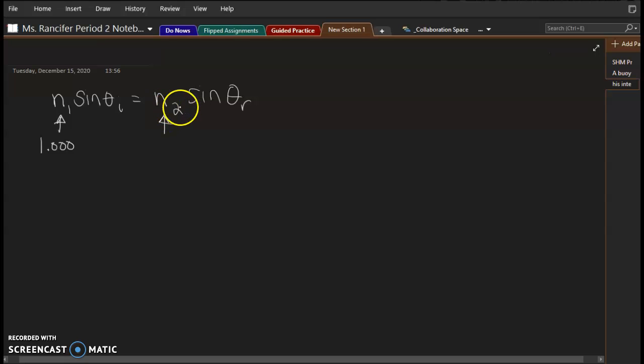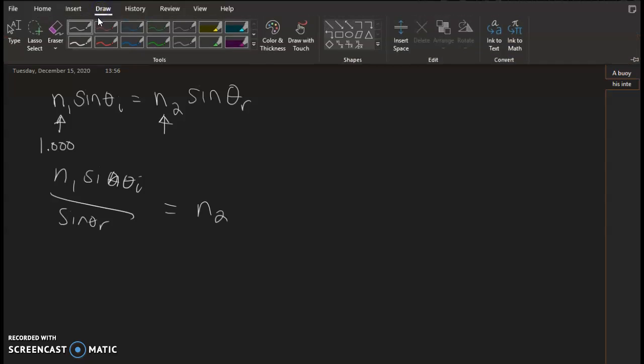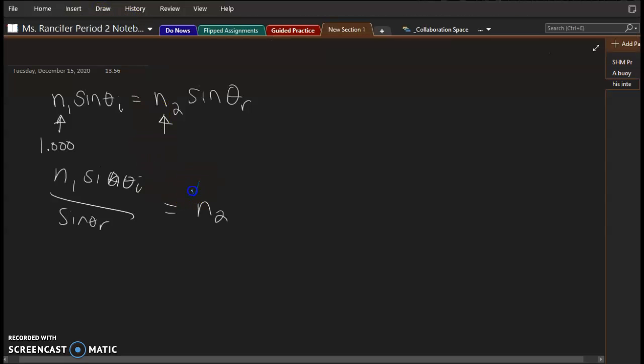But if I want to solve for N2, I need to divide N1 sine theta incident by sine theta refracted. This will give me N2. This right here is my clue for what I need to plot in order to get the N2 value from the slope. So this should give me the slope.